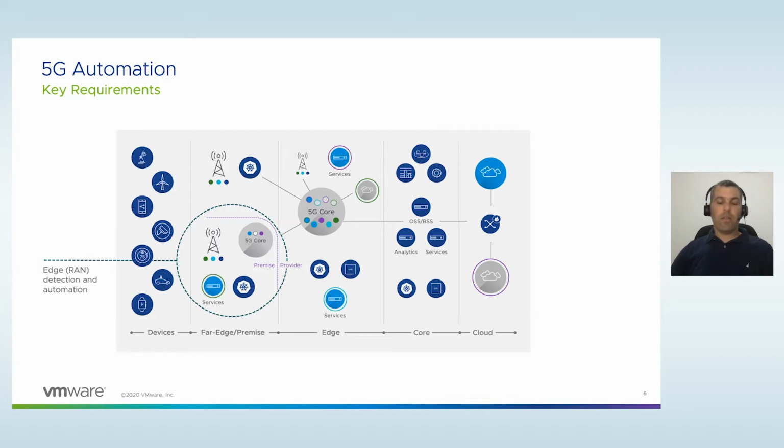These RAN sites in the 5G time will be mostly virtualized sites. With that, there is the requirement from VMware to bring virtualization into the edge and allow customers to deploy lots of new RAN sites at the edge in a virtualized approach.